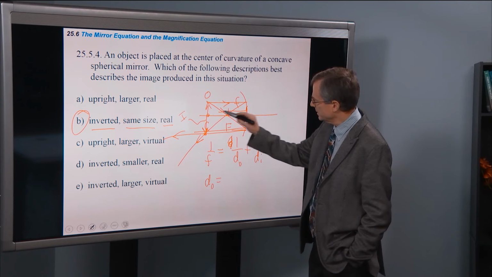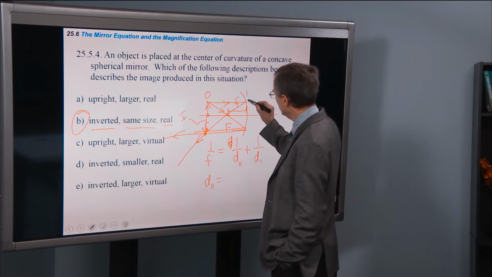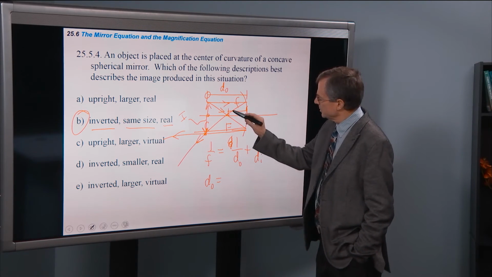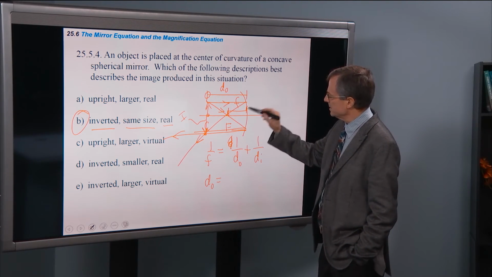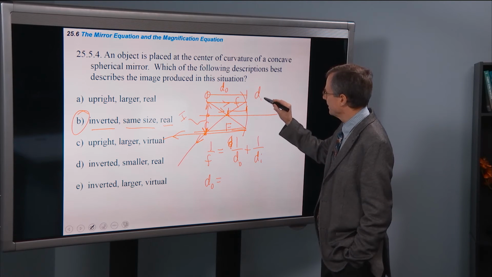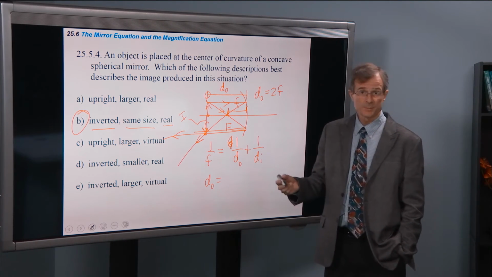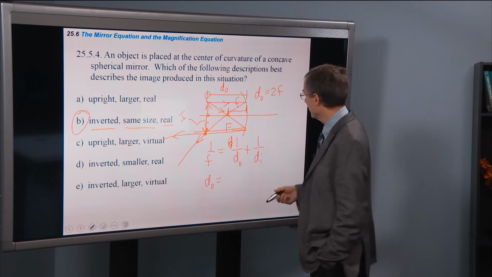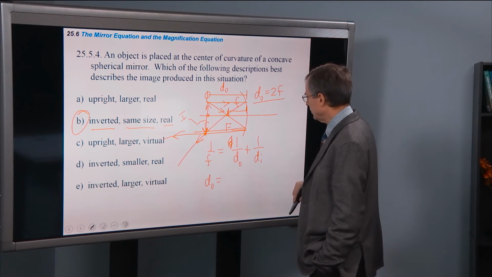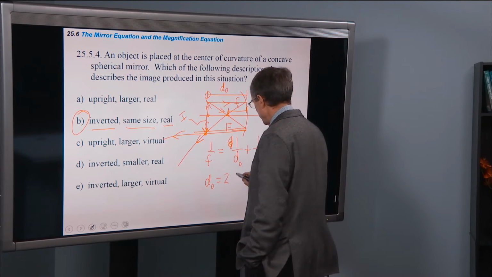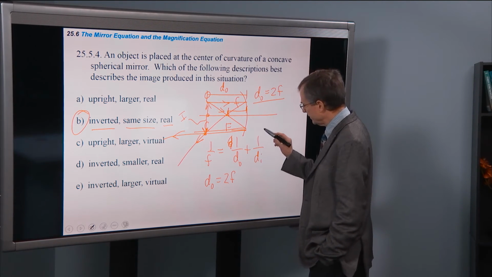What's the object distance? Well, that's from here to here. So what's that distance compared to f? Well, it's just twice f. And in fact, the object distance is the radius of curvature. So given that, we can actually solve this equation. So this is 2f.